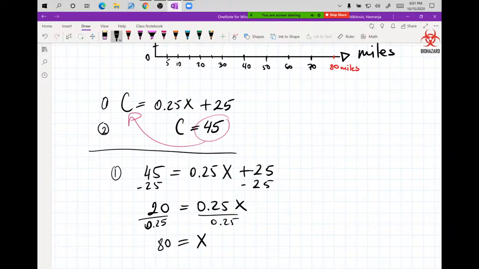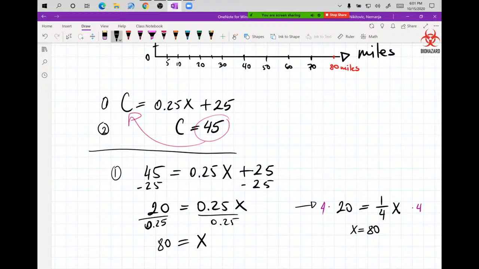If you want to use your brain, then you would convert this into the better form, which is 1/4 times x, because fractions are absolutely amazingly powerful. Just multiply both sides by 4 to kill the fraction, and you have your x equals 80 instantly.